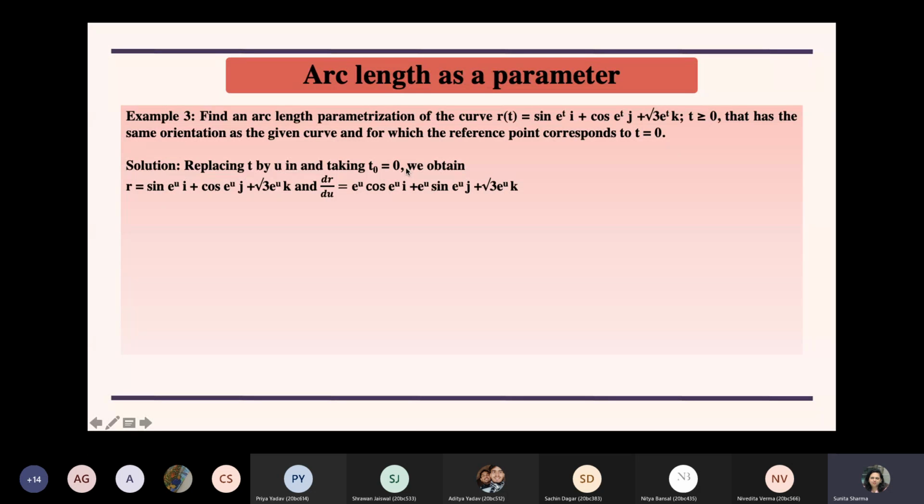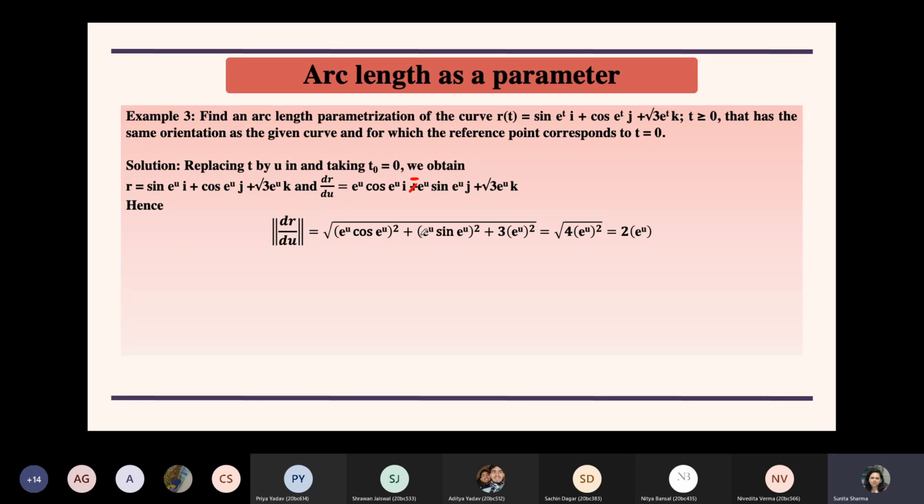This is the derivative. You can see that. I think there's a minus sign here. Let's check this. I think I have not missed the sign part. So the norm of dr by du would be the square root of the sum of squares.